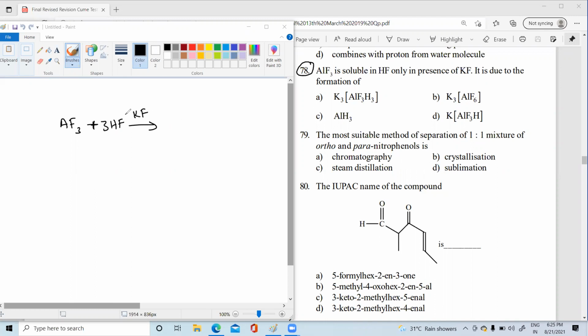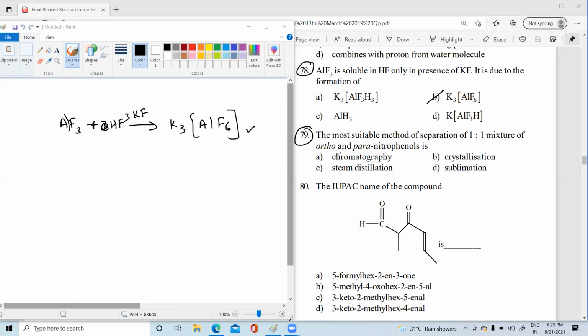In the presence of KF only will it react. So it forms K3AlF6. Sorry, this is aluminium. The AlF6 complex will be formed. Due to this complex formation, it will be soluble, students. The answer should be K3AlF6. This complex is formed. Option B is the correct one.